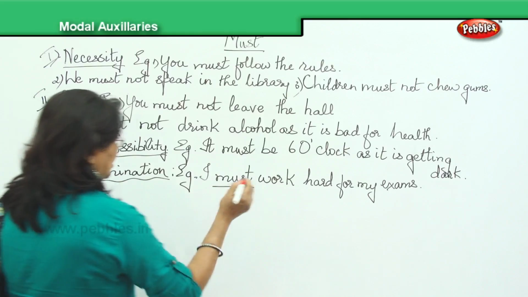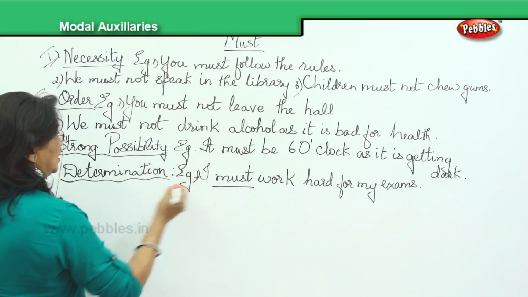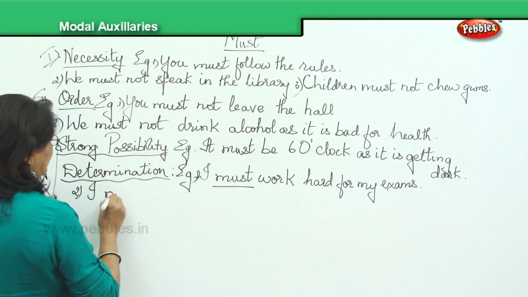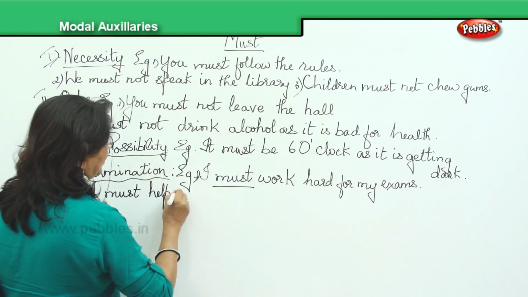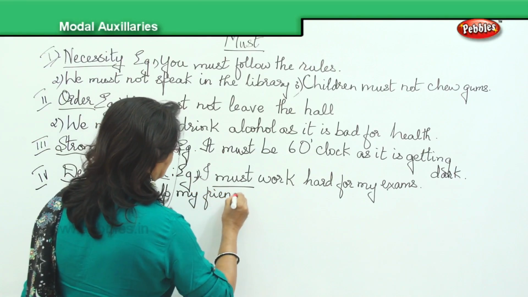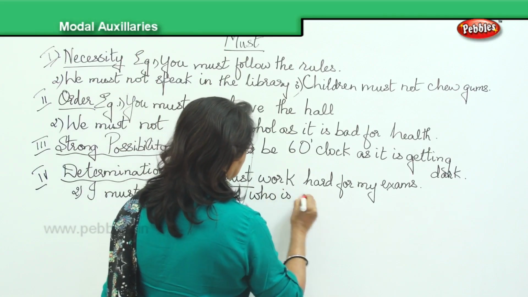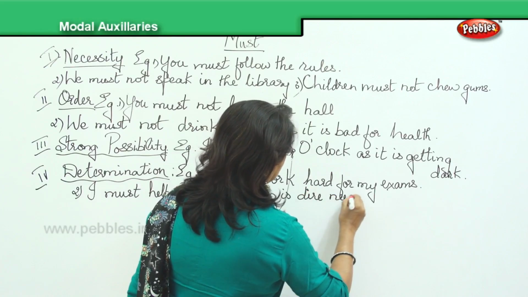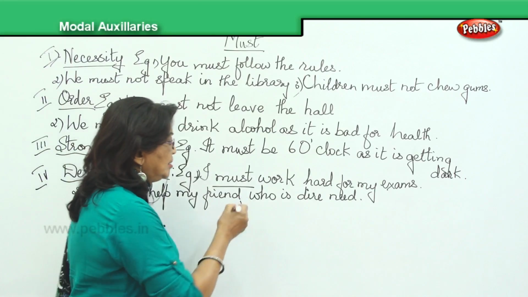Maybe I can give you another example. This is one. I'll give you another example. I must help my friend who is in dire need. I must help my friend who is in dire need.